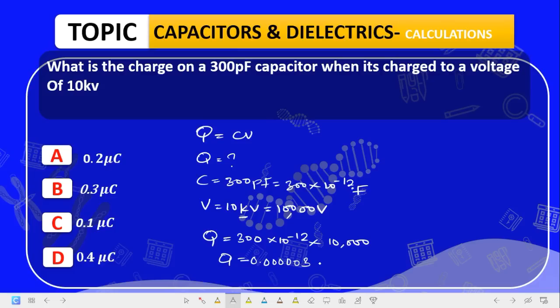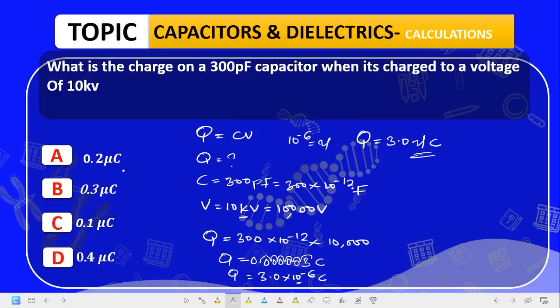3 coulomb. If you change to microcoulomb, it gives you 3.0 times 10 raised to the power of minus 6 coulomb. Now 10 raised to the power of minus 6 means micro, so in place of 10 raised to the power of minus 6, we can put microcoulomb.